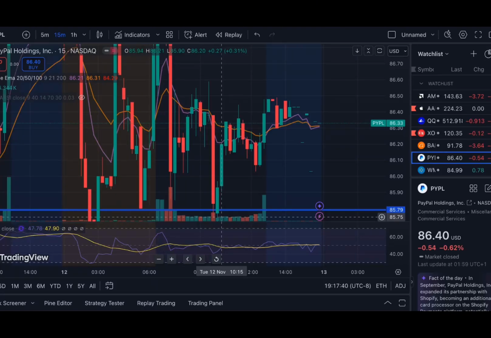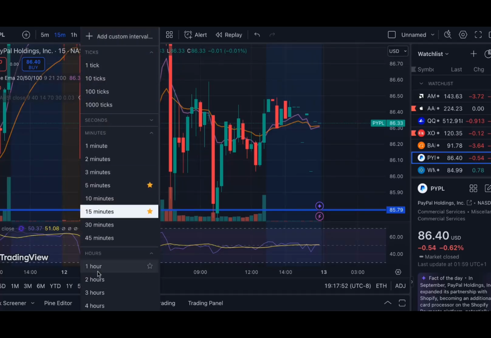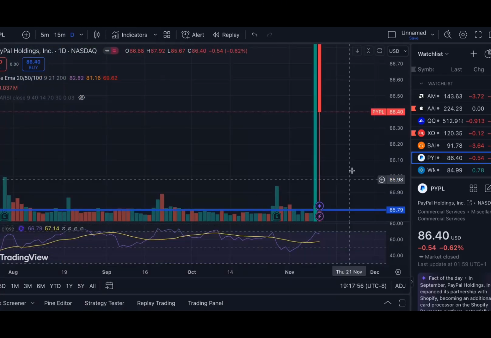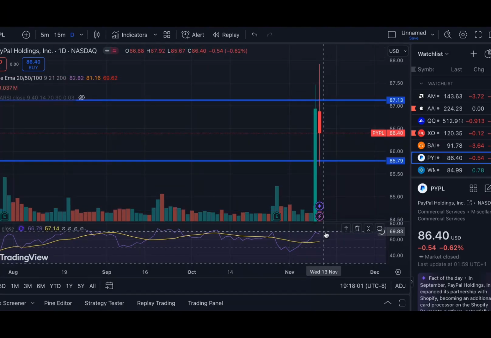For those of you who are beginners, who don't know what the RSI is, it's the relative strength index. It's pretty much what I use to gauge momentum, also to gauge if a stock is overbought or oversold. I don't want to get too technical with it, but when the RSI is up at 70, it means it's pretty much overbought.